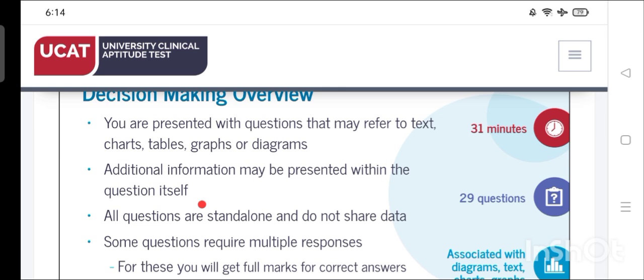So as I have already told you, the question could be in the form of any text, charts, tables, graphs, or diagrams. But any additional information can also be included with these charts, tables, or graphs. They will give you a chart, but there is also additional information in the form of a passage, so you can conclude your answers by overviewing your passage and the charts both.